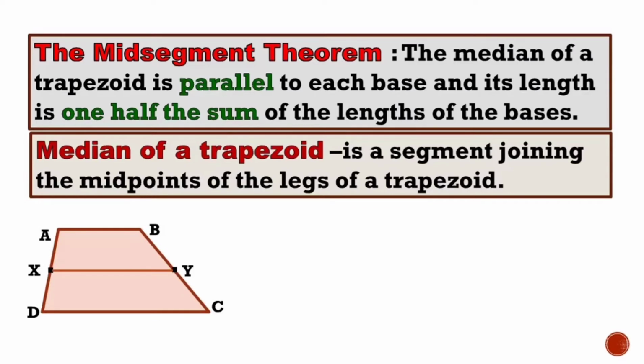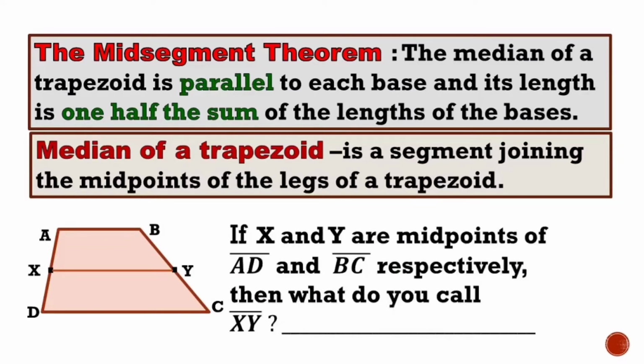So given trapezoid ABCD, if point X and point Y are midpoints of segment AD and segment BC respectively, then what do you call segment XY? Yes, it is the median of trapezoid.